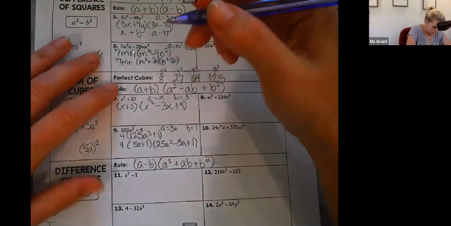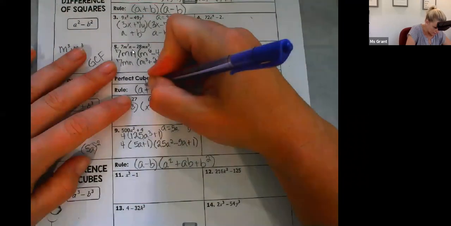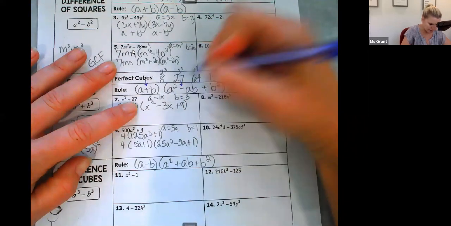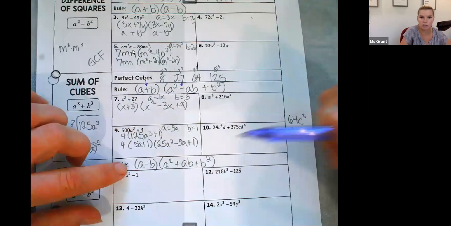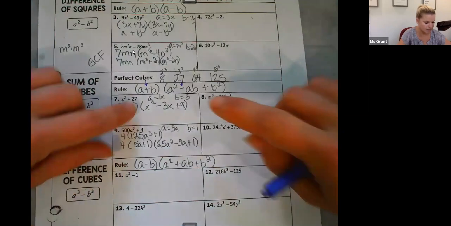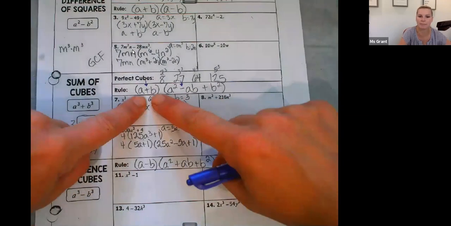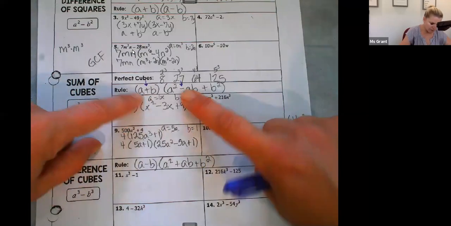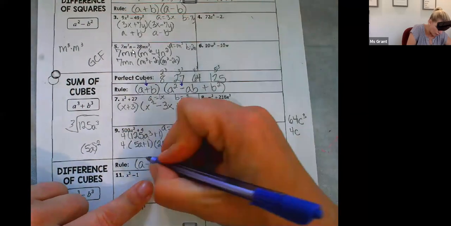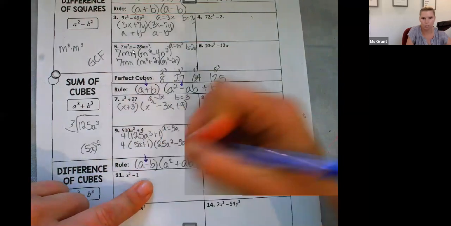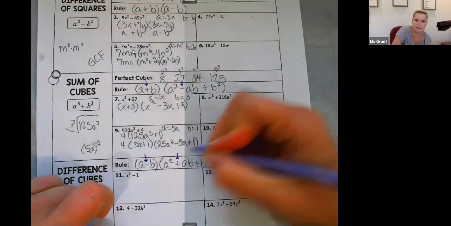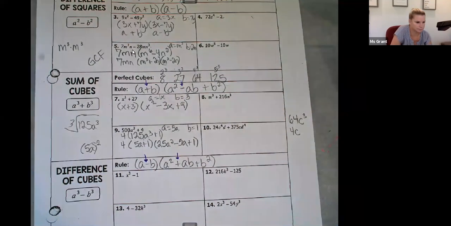Here I had a plus sign in my first parentheses, and my leading sign, first thing I did, was a minus. Here it's just switched. So this is what I had for sum of cubes. It starts out with a sum, you add them, and then your negative sign is in your trinomial here. For difference of cubes, I start out with a subtraction here, and then it's positive both inside the parentheses.